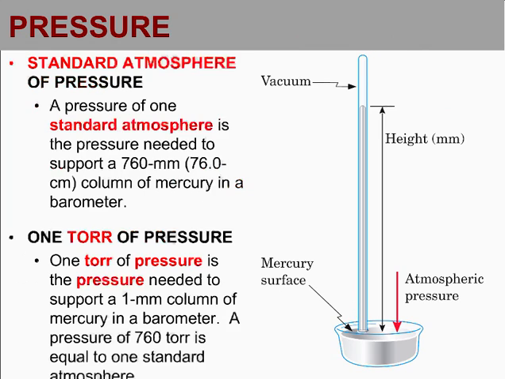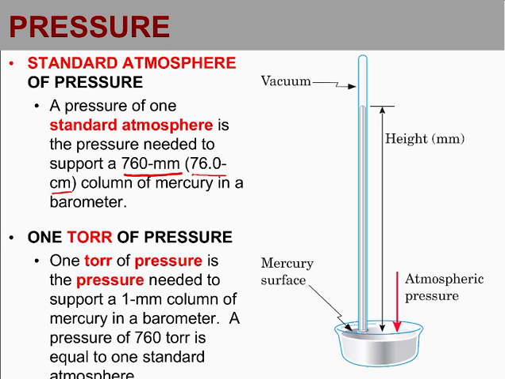So again, the standard atmosphere of pressure is the pressure needed to support a 760 millimeter column of mercury in a barometer. And that's equivalent to 76 centimeters. So sometimes we'll use different units depending on the situation.